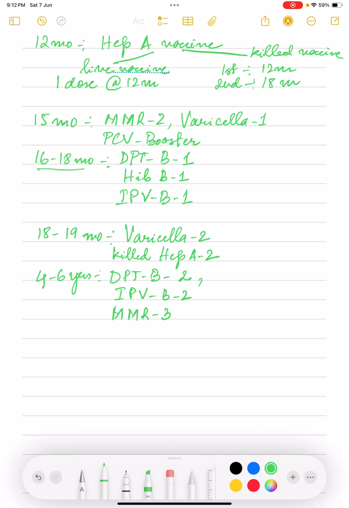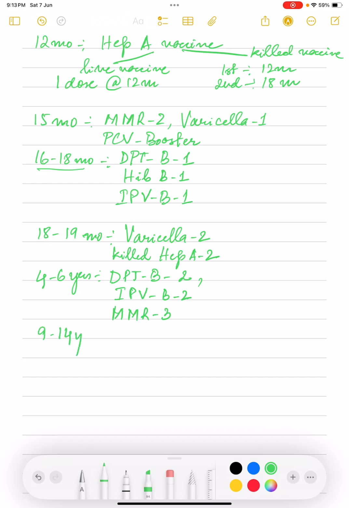Similarly, in NIS for MR, we had MR1 at 9 months, then MR2 at 16 to 24 months. However, in IAP, we have MMR 1 at 9 months, 2 at 15 months and 3 at 4 to 6 years. So, 3 doses of MMR here.